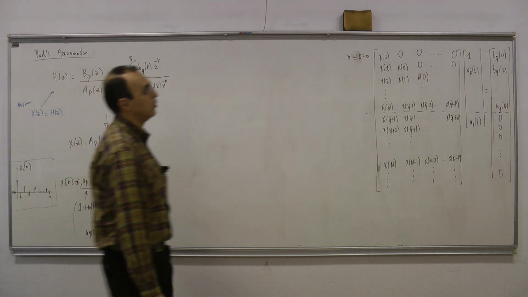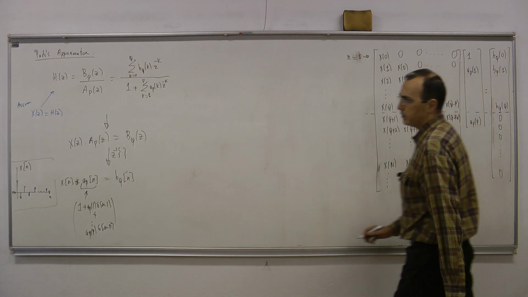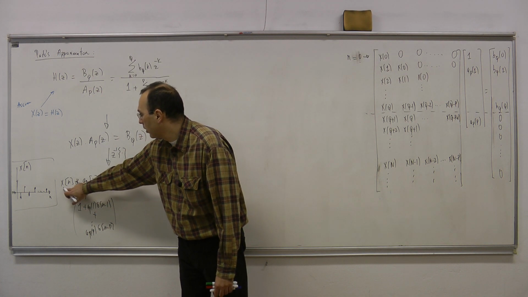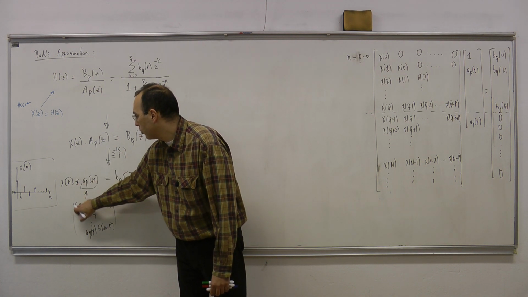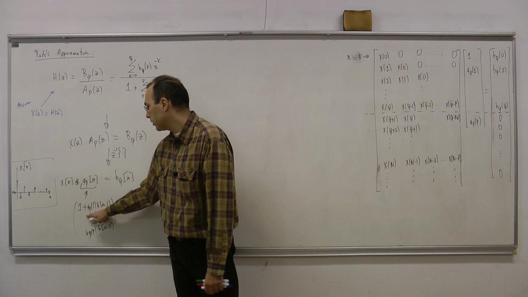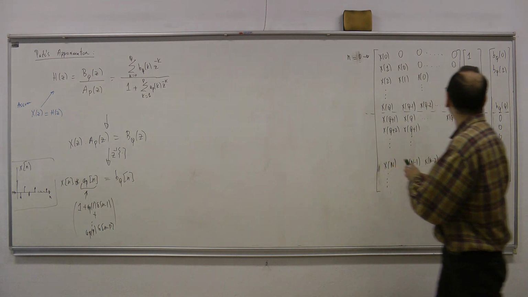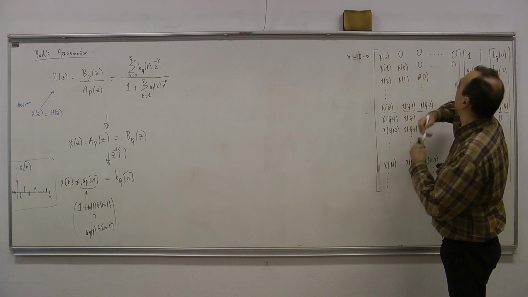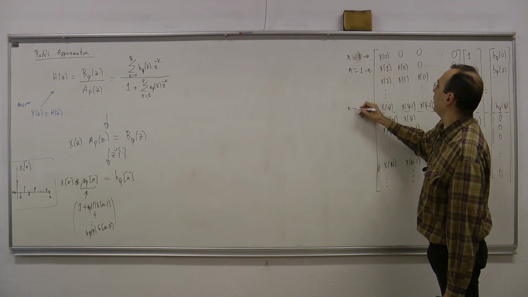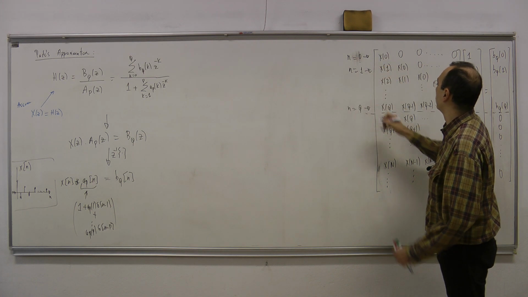So how do you do this convolution? Well, very easy. Convolution is distributive over this addition operation. So this is x of n times 1 and x n minus 1, shifted version of x, times AP1. Okay. So index n is equal to 1.